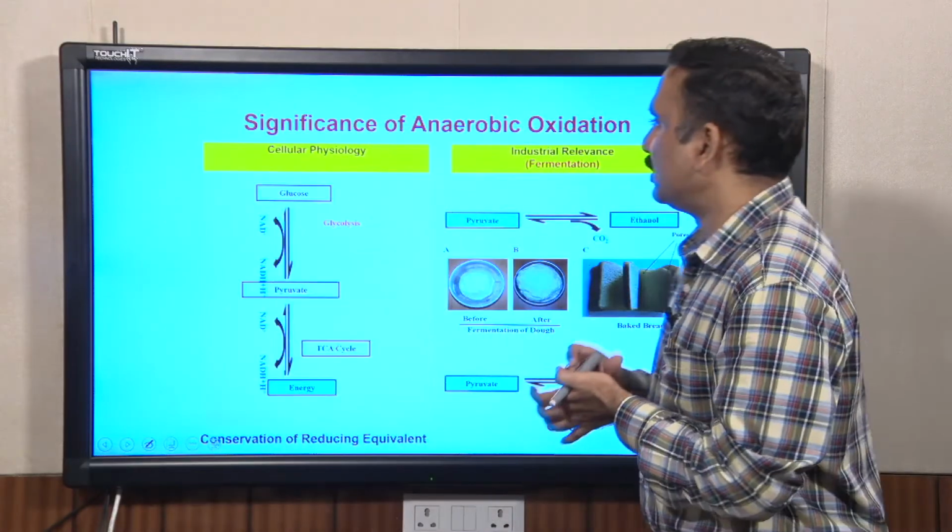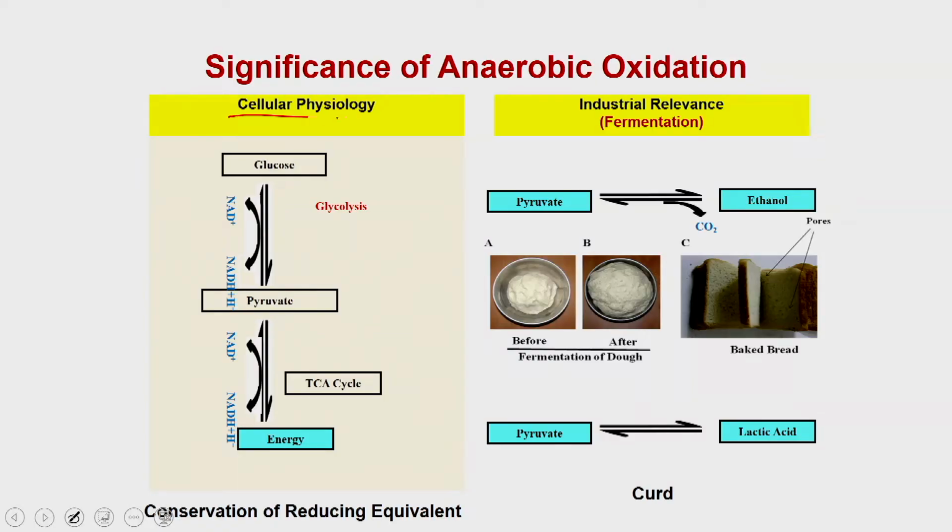So, what is the significance of this? For cellular physiology, in anaerobic oxidation, when the glucose is being utilized, it produces pyruvate, and in this process it converts one molecule of NAD plus to NADH.